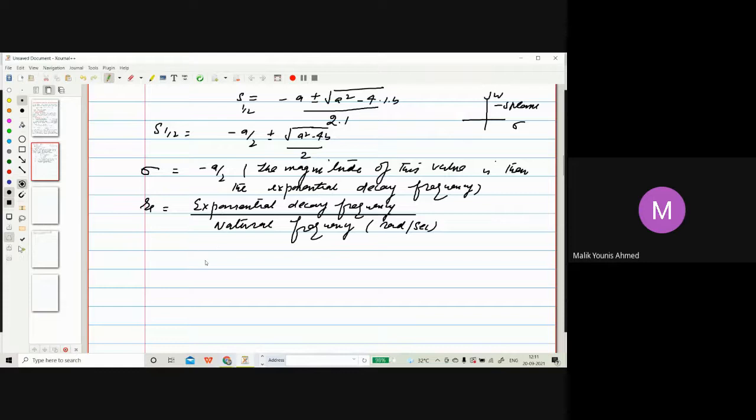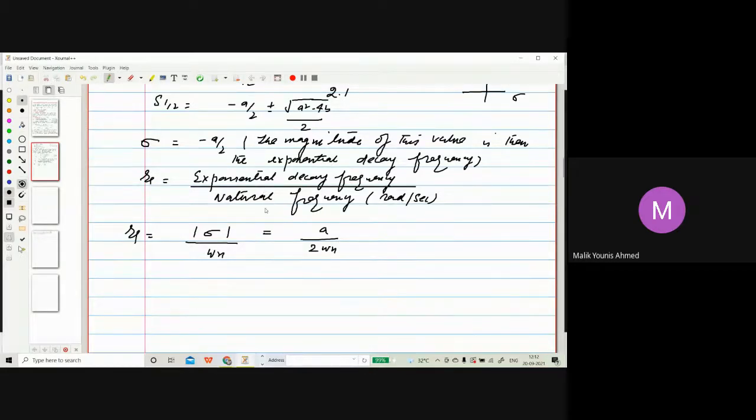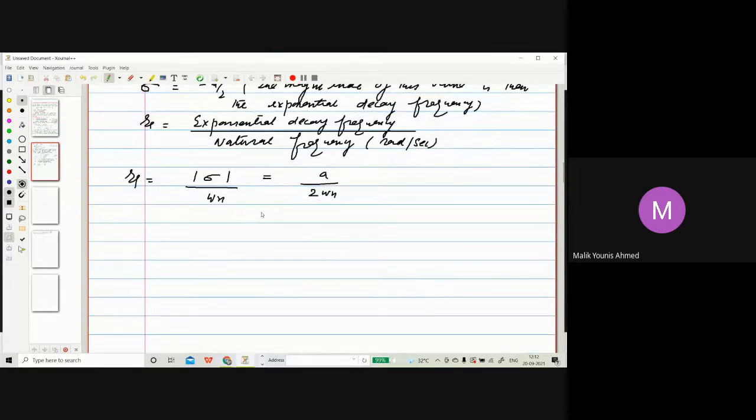So xi will be the modulus of sigma divided by omega n, that is a by 2 omega n. We take the positive modulus, that's why the minus is dropped.